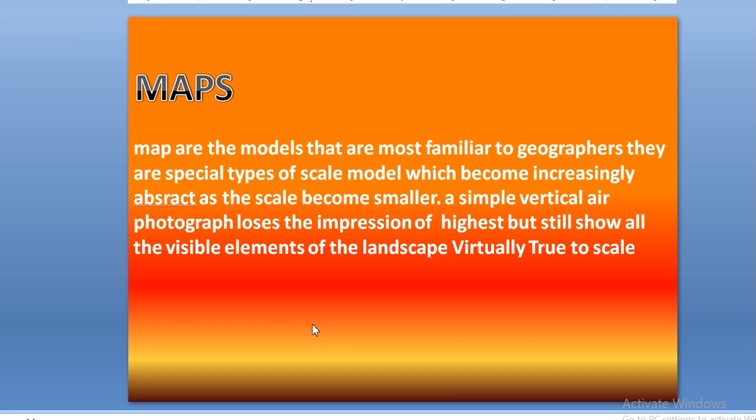A simple vertical air photograph loses the impression of height but still shows all the visible elements of the landscape virtually true to scale. A large scale map loses much of the detail of the landscape, although it can show buildings, roads, and other features of this size accurately.